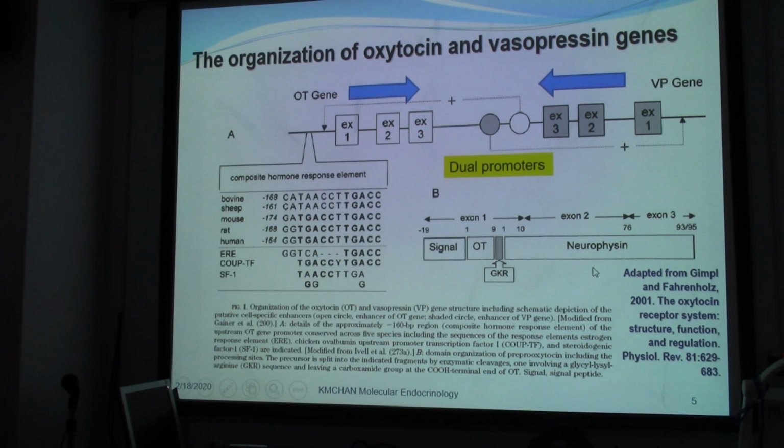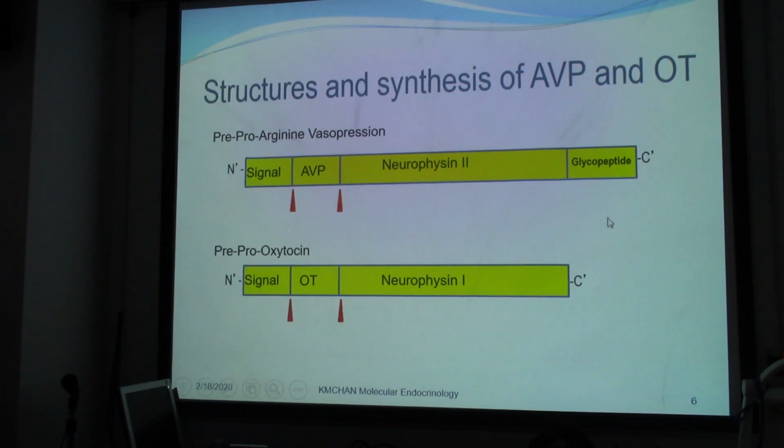So we take a better look at these two hormones, from their pre-pro arginine vasopressin and also pre-pro oxytocin. From the signal peptide, we guide these peptides into the rough ER, and then the dipeptidyl peptidase would remove the mature hormone from the precursor.